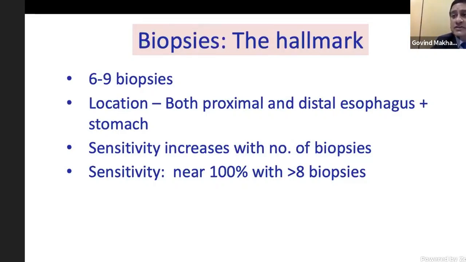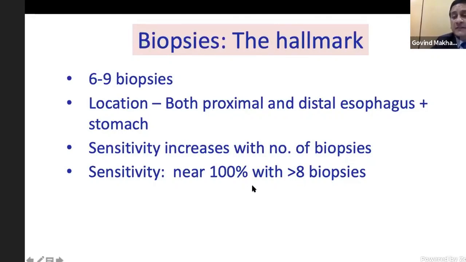Therefore, once you think of it, even if there are early lesions, you must take multiple biopsies, both from proximal and distal esophagus. We take biopsies 5 centimeters above the GE junction, and again above that. If you take more biopsies, the chance of making a diagnosis becomes higher.